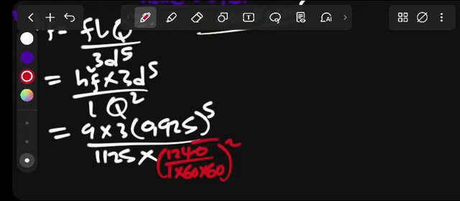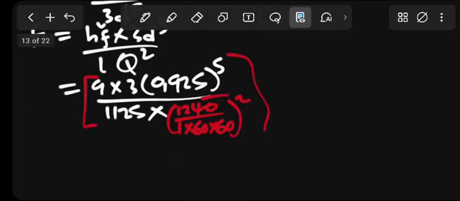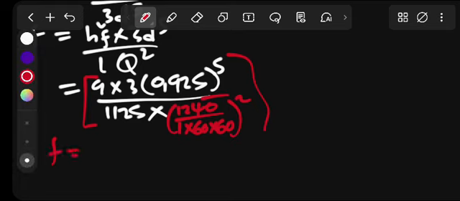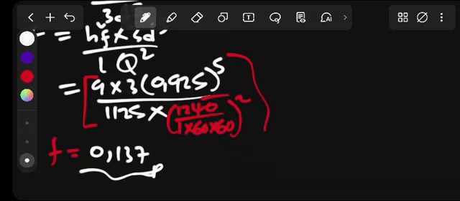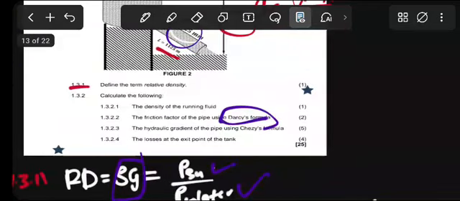Yes, we have squared, and we can punch this now on our calculator. Our friction factor will give us 0.137. Remember, it has no SI units.